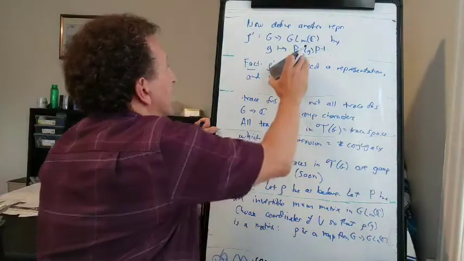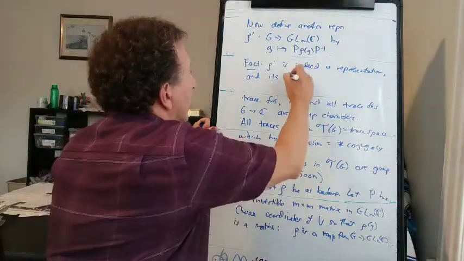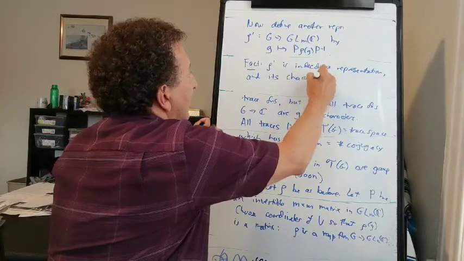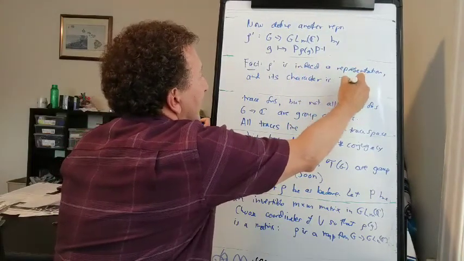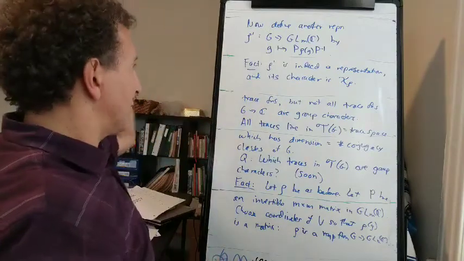And its character is chi rho, so the same exact character as rho.